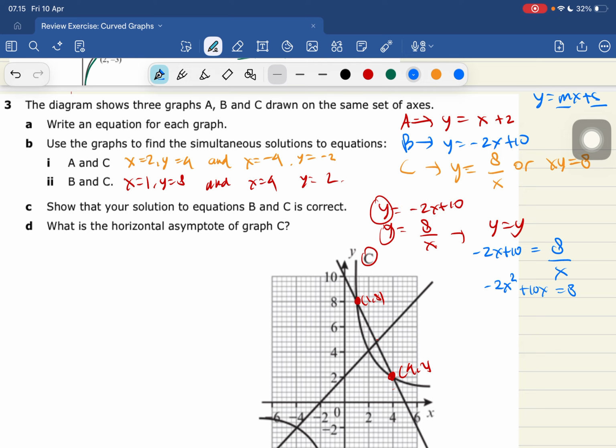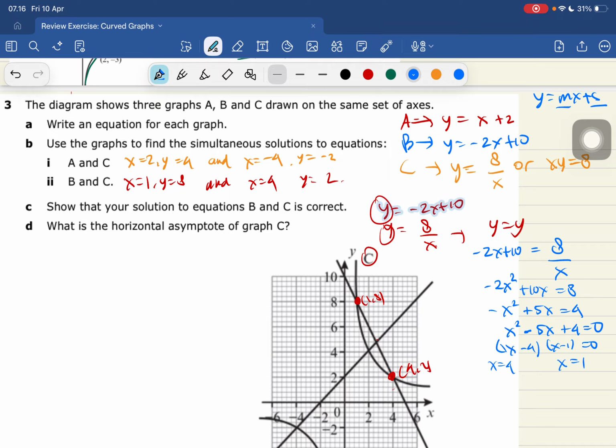You can simplify it, divide by 2, it's going to be negative x squared plus 5x equal to 4. We can rearrange it, so x squared minus 5x plus 4 equal to 0. So we got two values of x, so we can factorize it, x minus 4 and then x minus 1 equal to 0. So first x equal to 4 and then the second x equal to 1.